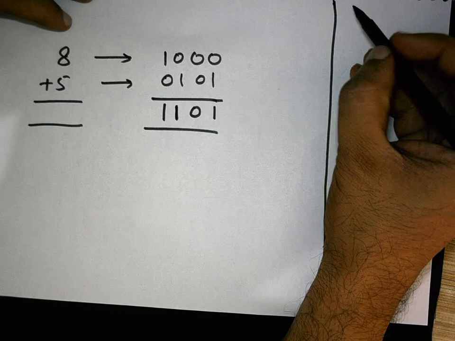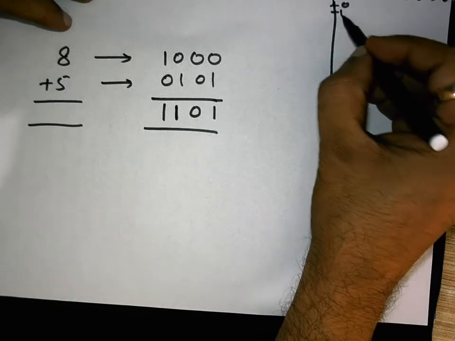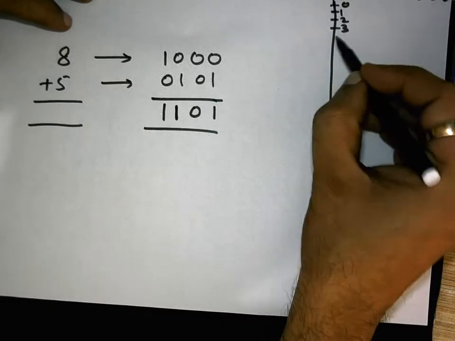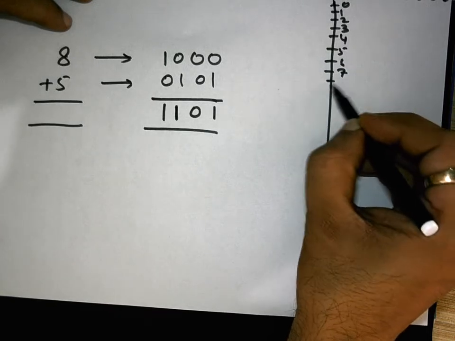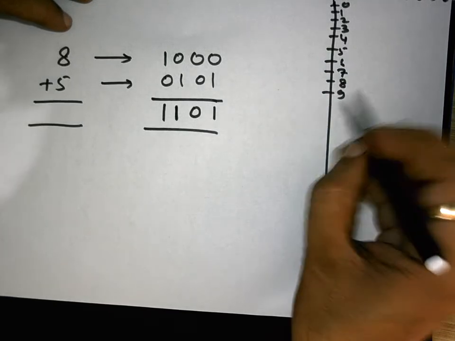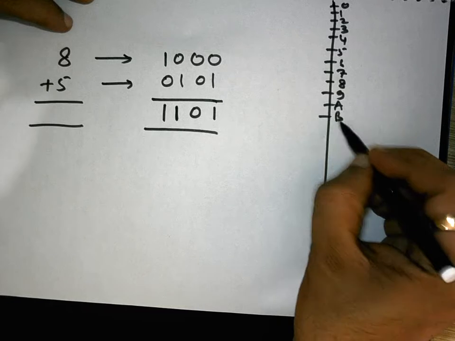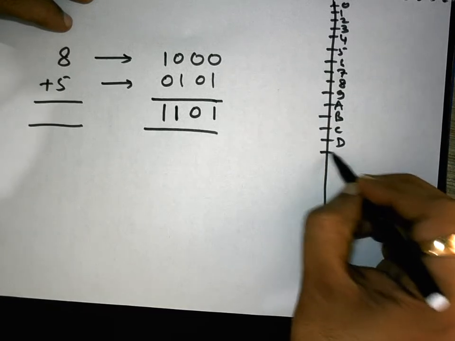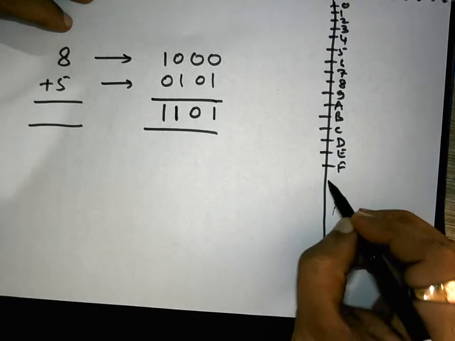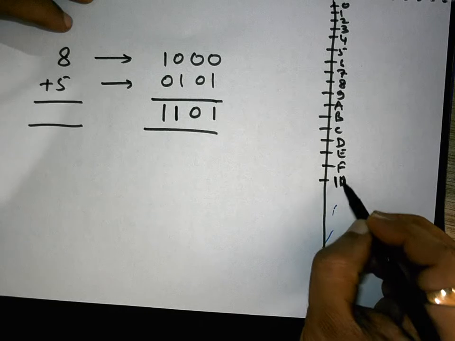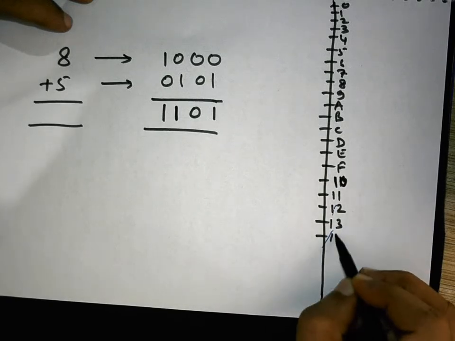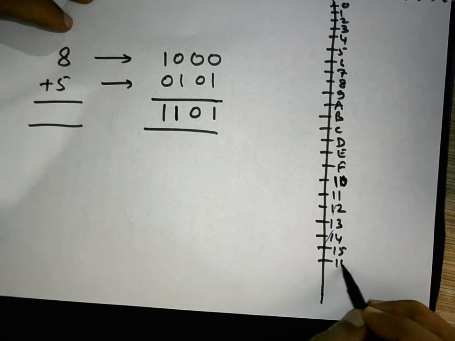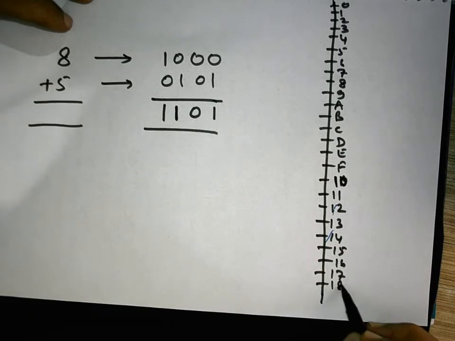So if you write down the hex numbers 0 1 2 3 4 5 6 7 8 9, and then A B C D E F, and 1 0, 1 1, 1 2, 1 3, 1 4, 1 5, 1 6, 1 7, 1 8, 1 9, and then 1 A, this way.